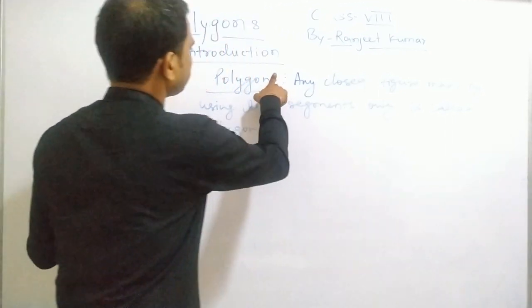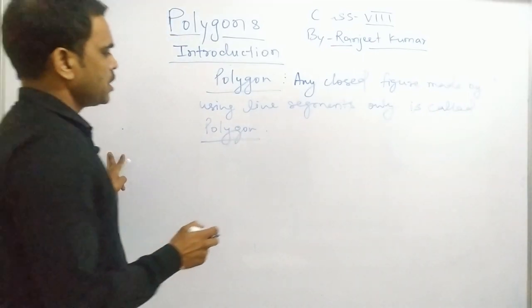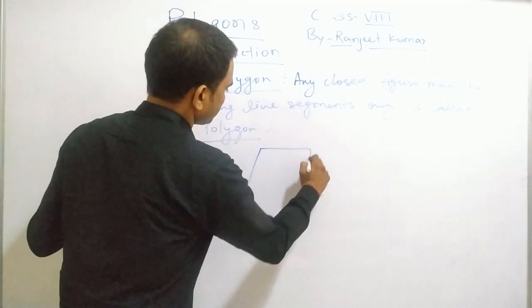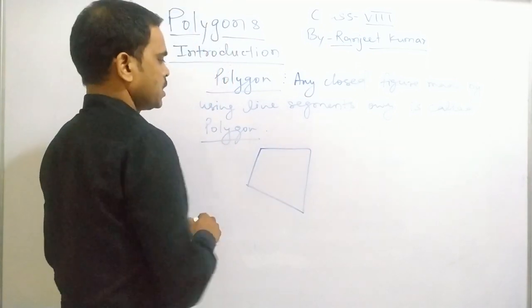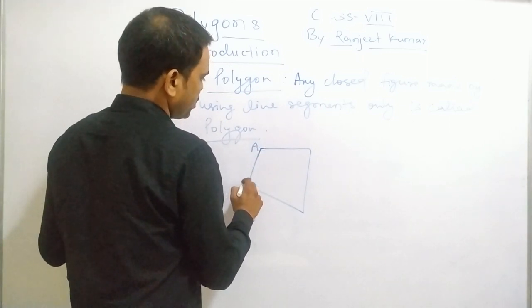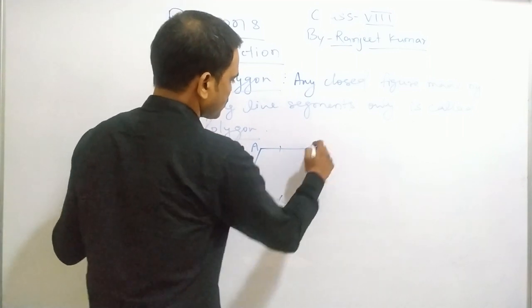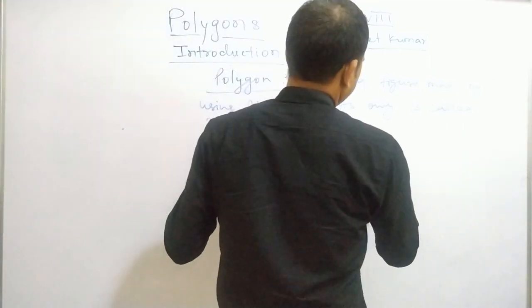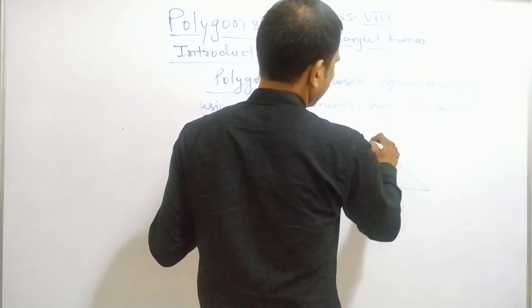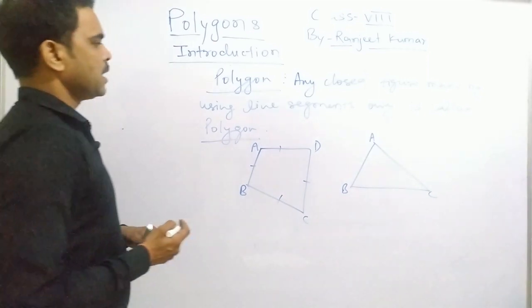Okay, fine. What it means: if I make this, this shape is made by using only line segments. I use this, A, B, C. This is also made by using line segments.